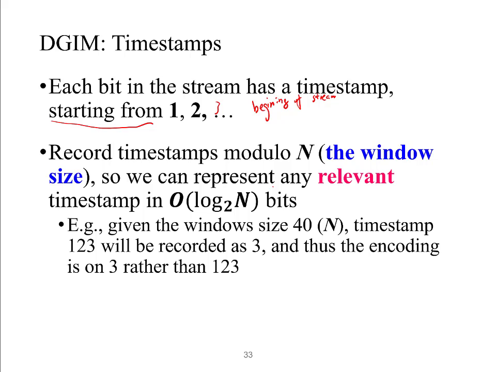You just need to represent the timestamp of that bit using a number that is smaller than n, right? As long as the bits in the window have different time steps, and they have a particular order.